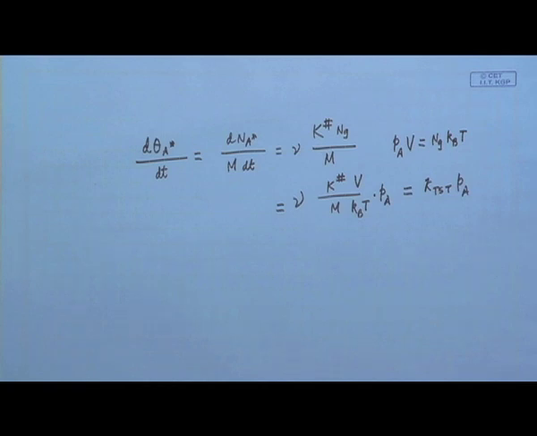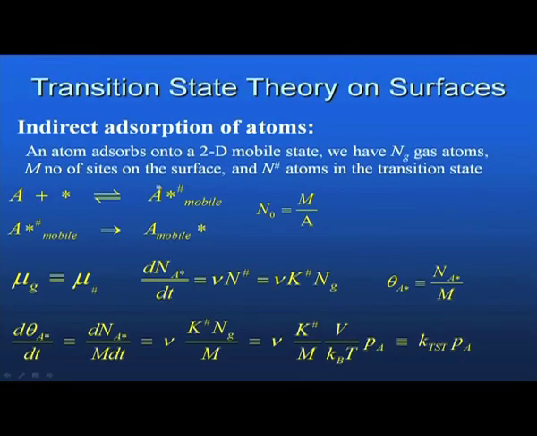Okay. So, that means we started with this indirect adsorption mechanism, adsorption of an atom. The mechanism, as I explained here, is that A with the surface produces a weakly bound A, the mobile phase, and then this mobile phase is converted to your adsorbed phase, and once this adsorbed phase is produced, it undergoes some reaction.